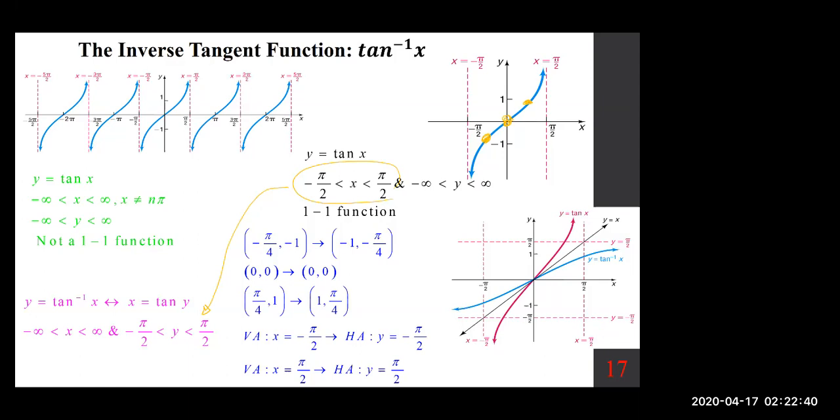This one has horizontal asymptotes. Okay, class? In the case of y equals tan x, x equals pi over 2 and x equals minus pi over 2 are the vertical asymptotes. In the case of tan inverse, y equals pi over 2 and y equals negative pi over 2 are the horizontal asymptotes.